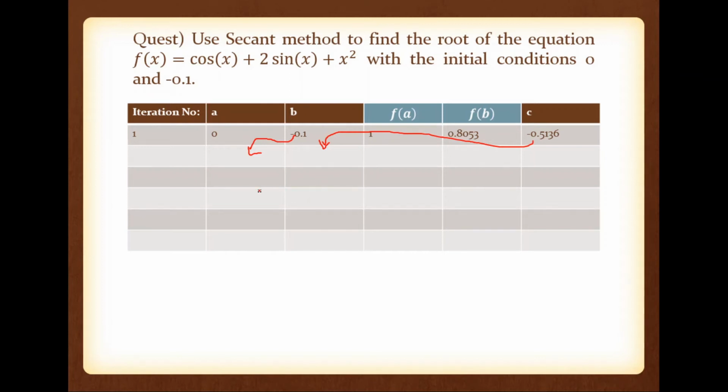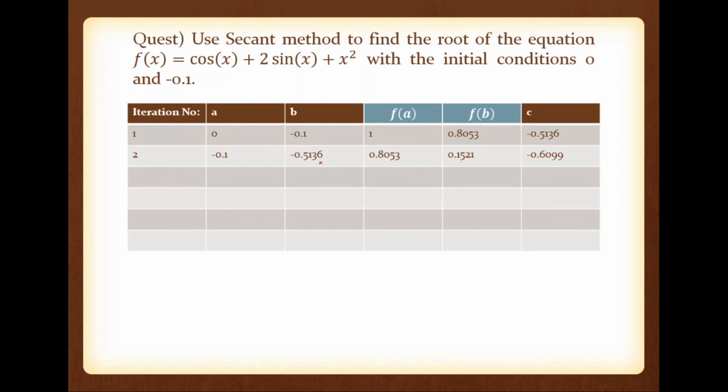So what is the new iteration? A is equal to minus 0.1, B is equal to minus 0.5136. So you can see that the previous B is current A, so the previous f of B will be current f of A. So f of A is 0.8053. Now we have to find f of B. What is B?